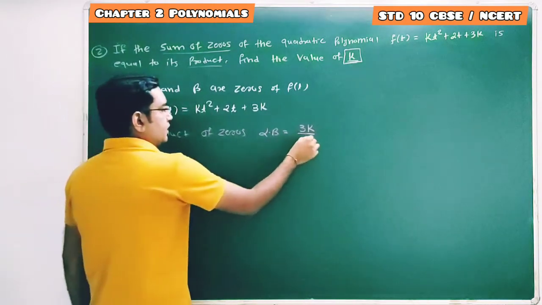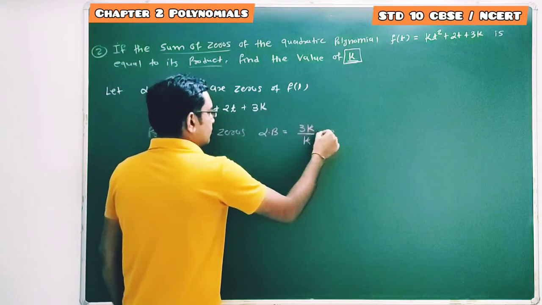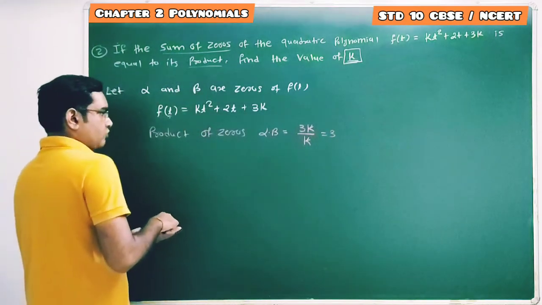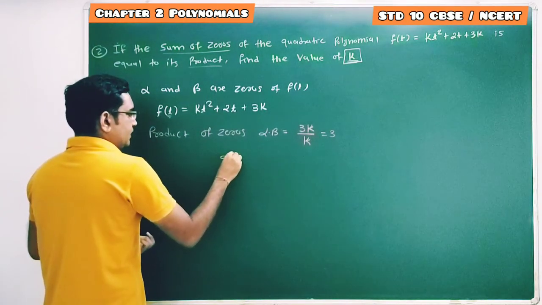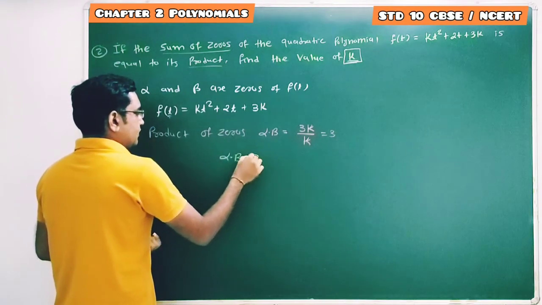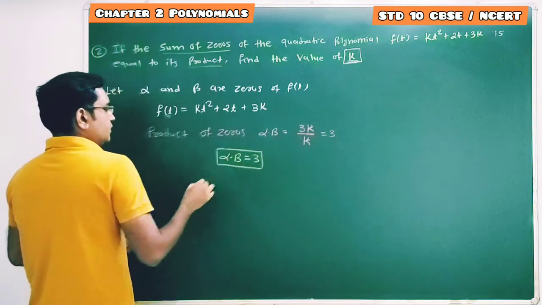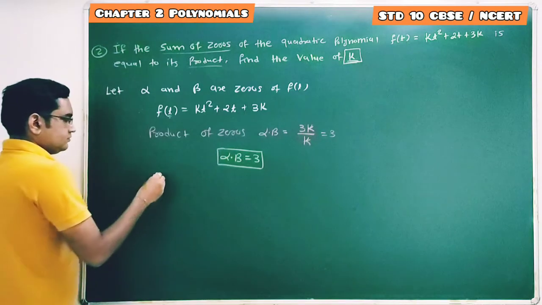Done? So here k will be cut. So product of zeros is 3. So product of zeros, alpha into beta is 3. Also we can write sum of zeros.